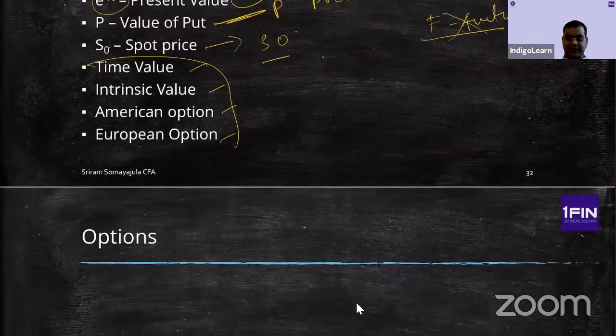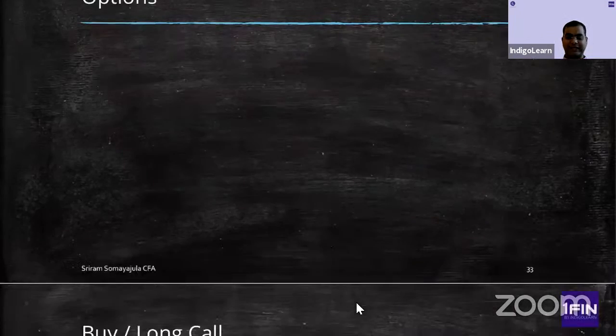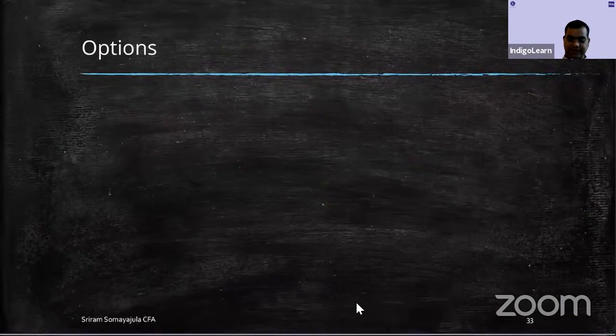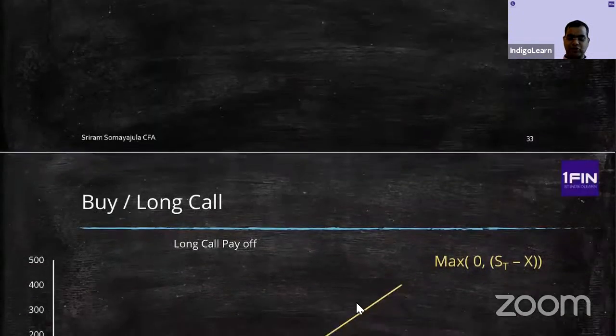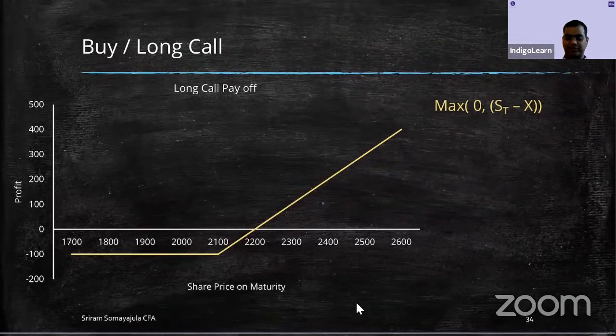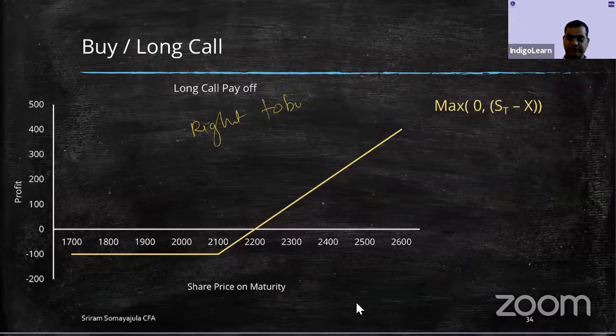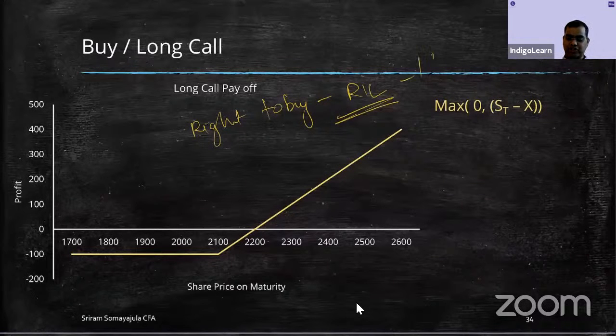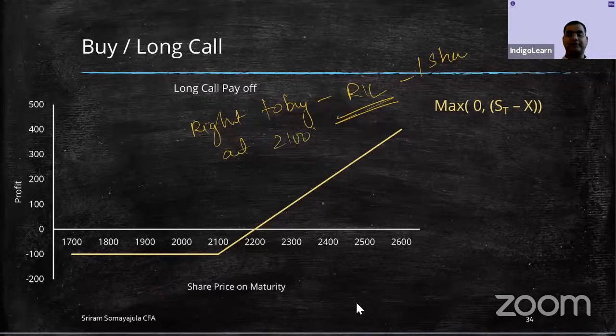First, let me explain this option in slightly greater depth, right? Let me first go through this buy call and long call, then you'll automatically understand. See, let us say I have a right to buy some asset. Let me say a share of RIL, one share at 2,100.